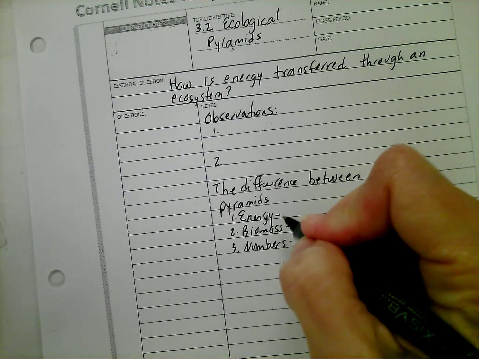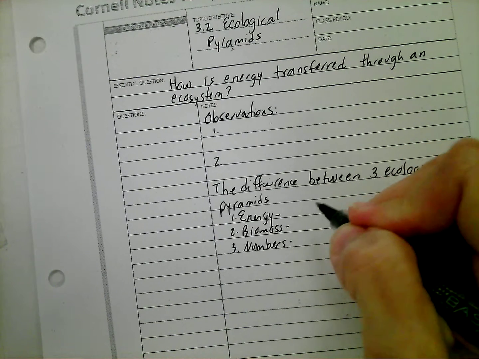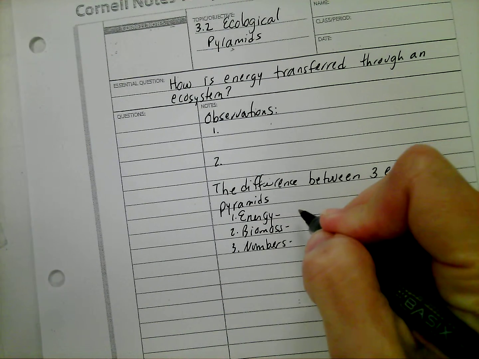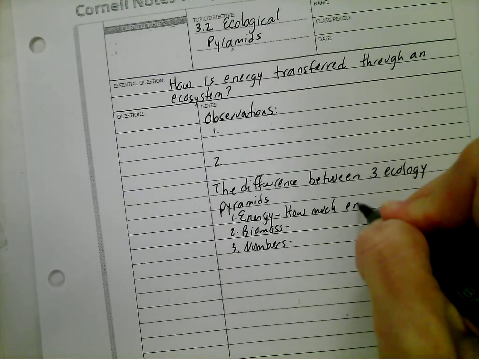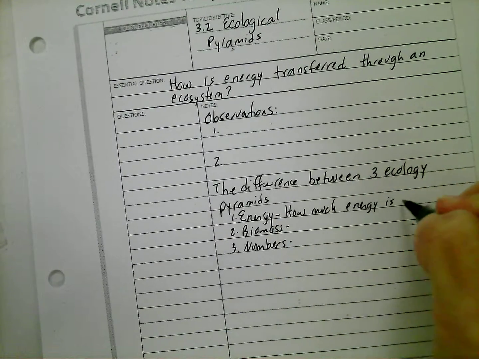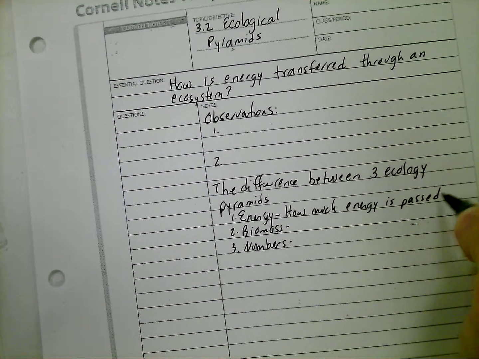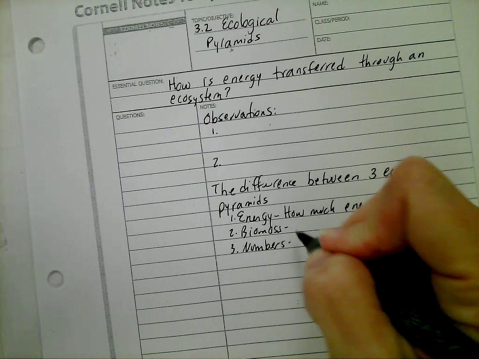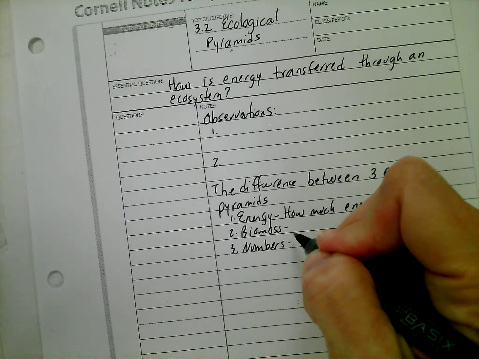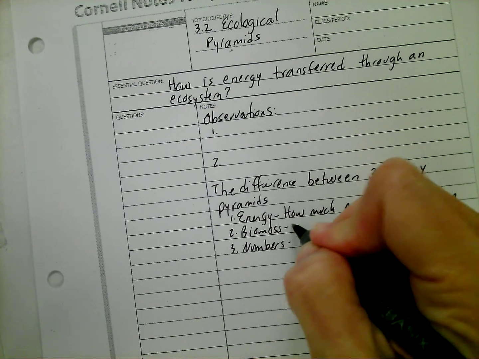Okay, so the energy pyramid basically shows how much energy is passed on through the food chain. Okay, a biomass pyramid is if we could weigh all the creatures out there, how much would they weigh?